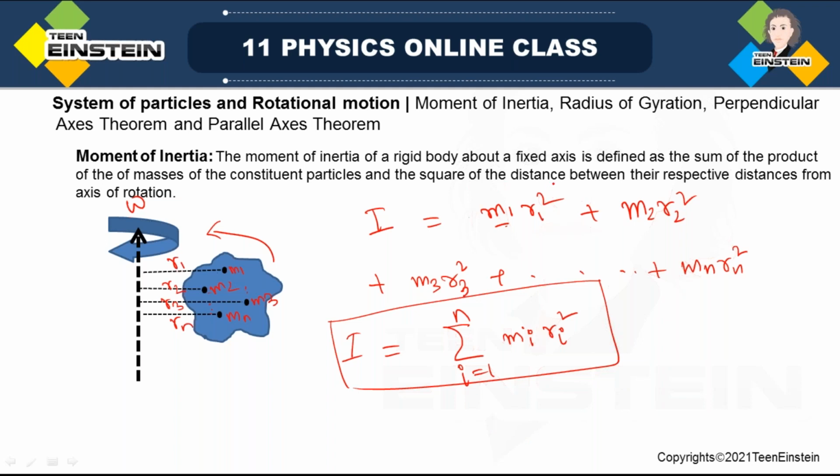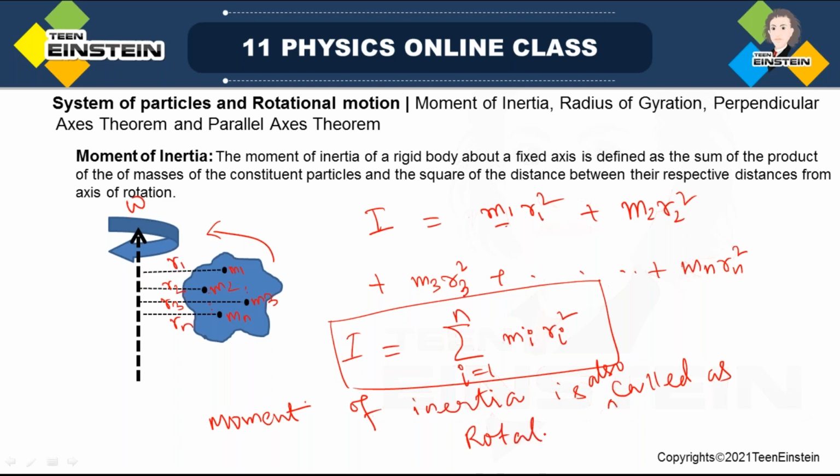Moment of inertia is also called rotational inertia.